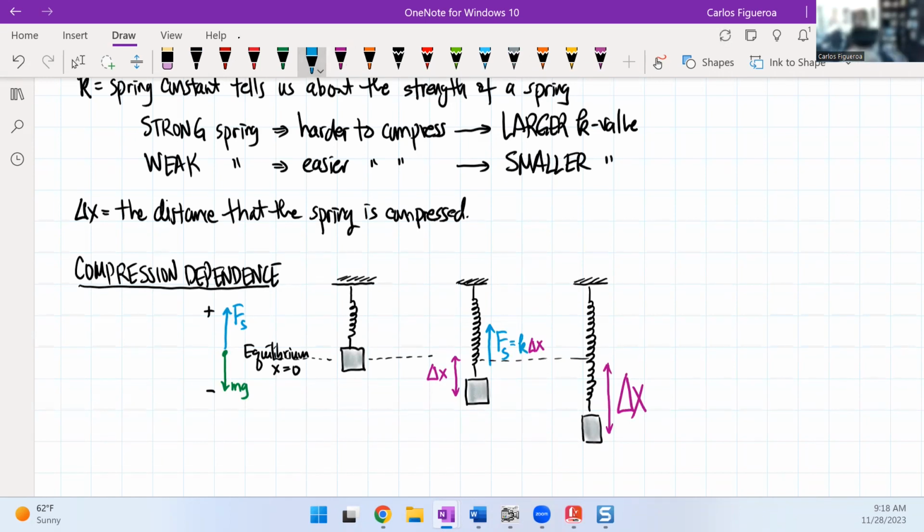So here, if I have the exact same spring, I had to pull with a greater force because my displacement was so large. So therefore, the spring force is larger here. In other words, how much I stretch or compress the spring depends on the distance that I actually move.